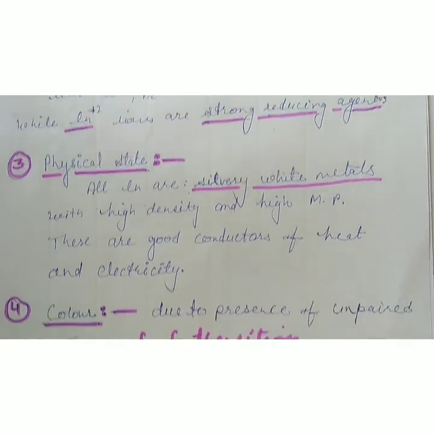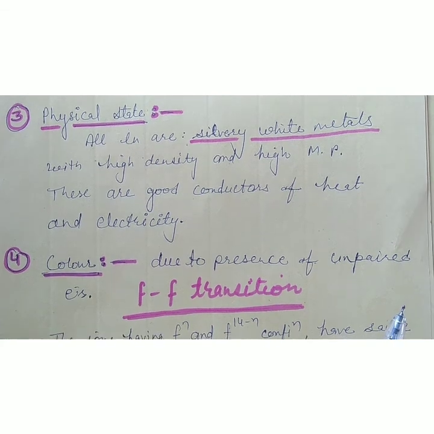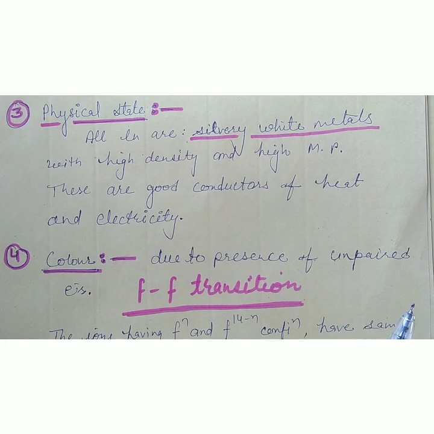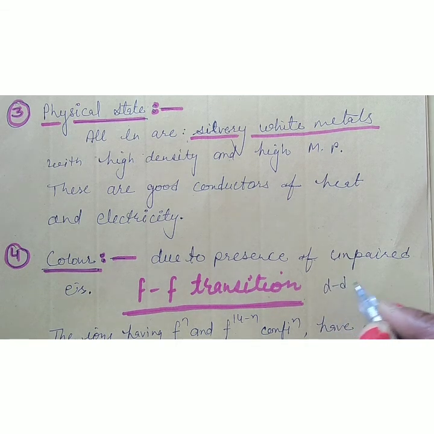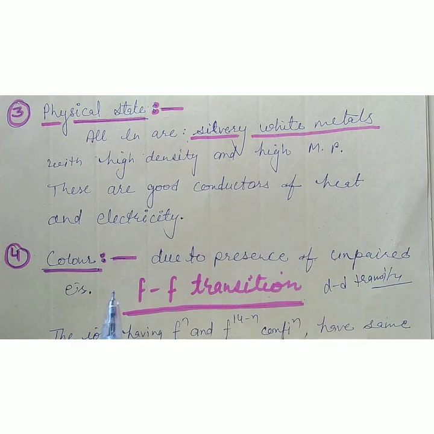Okay, now the most important property of lanthanides is color. As we have discussed in d-block elements, d-block elements make colored compounds due to d-d transition. The same here, the color will develop by f-f transition.